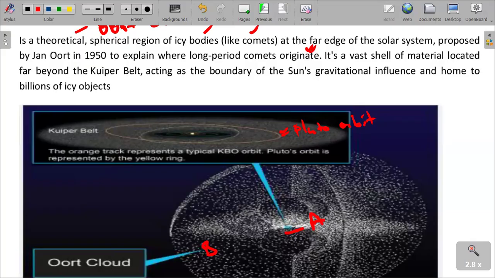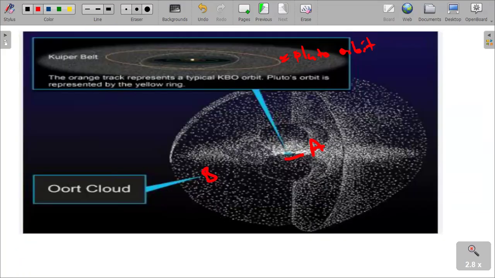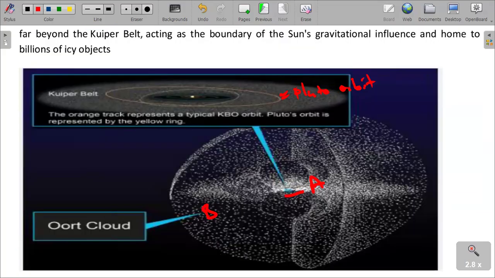This is a typical representation of how the Kuiper belt and Oort cloud are found with regard to the objects surrounding the sun. The sun's gravitational influence and home to billions of ice objects is thought to be the Oort cloud.